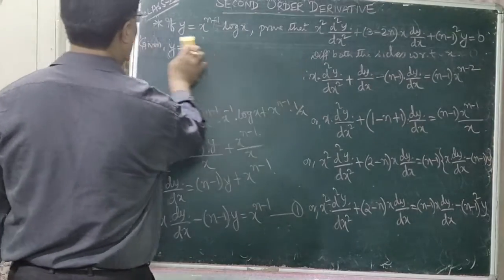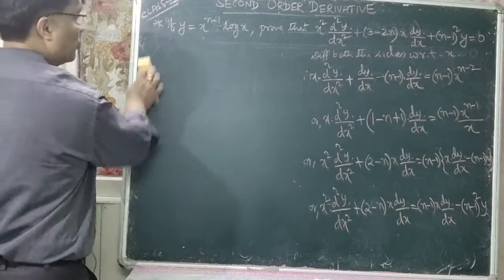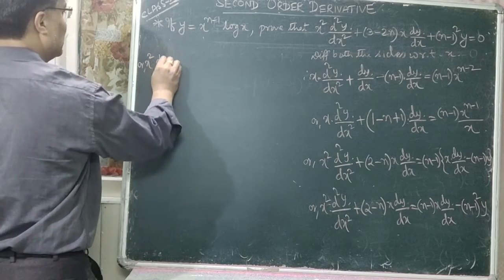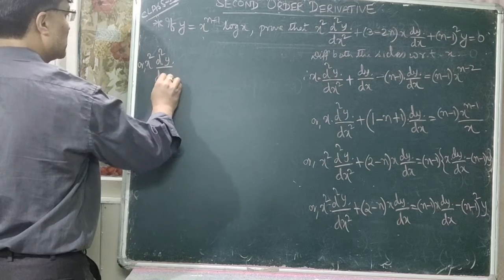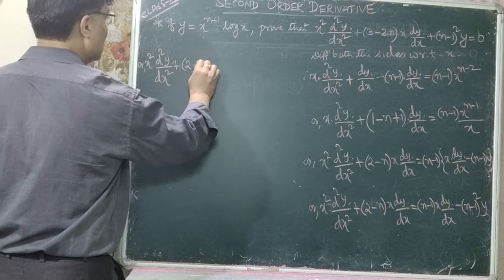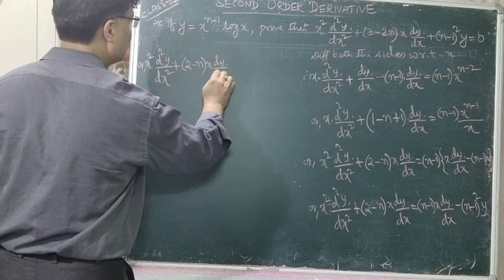Now you take all the terms to the left hand side, making right hand side 0. So this is x square d2y by dx square plus 2 minus n into x dy by dx.